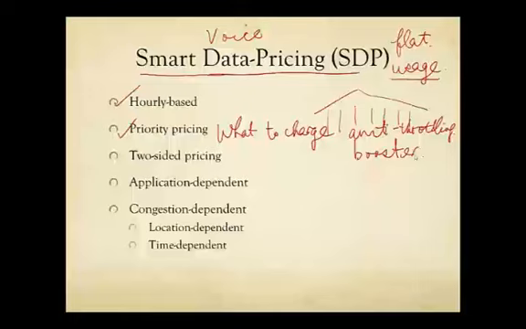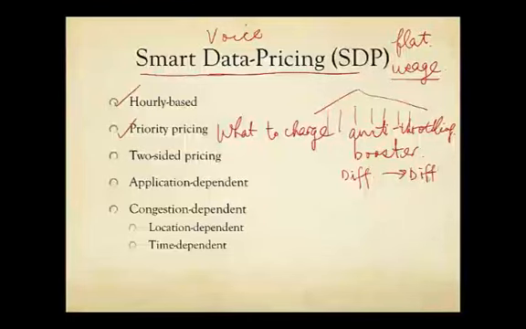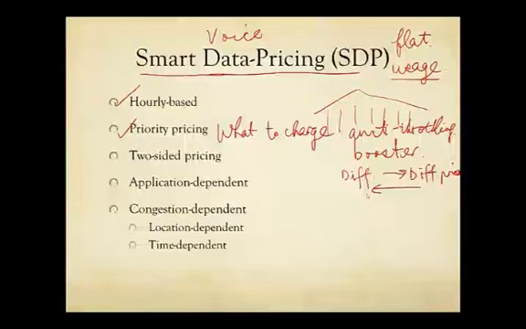There are also other kinds of answers to this question, what to charge. For example, while you know that a different product will lead to different prices, it turns out that you can also charge different prices, and that will automatically differentiate the products into different tiers.